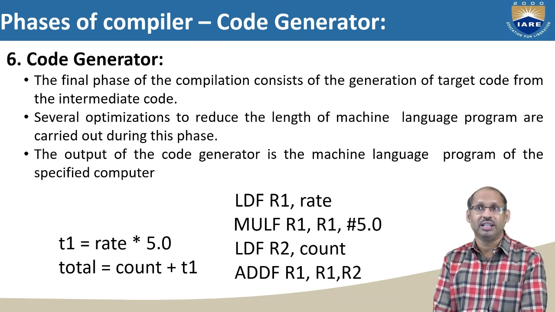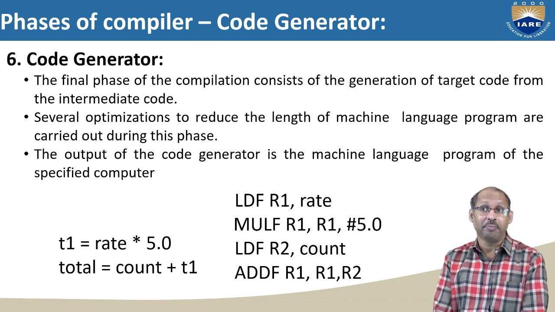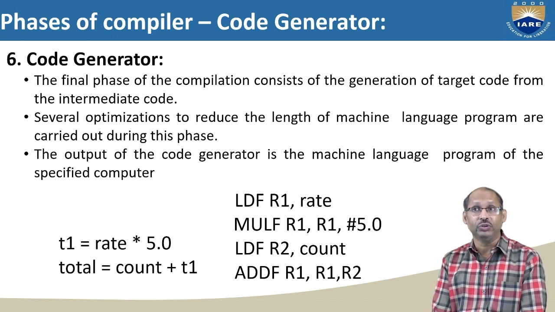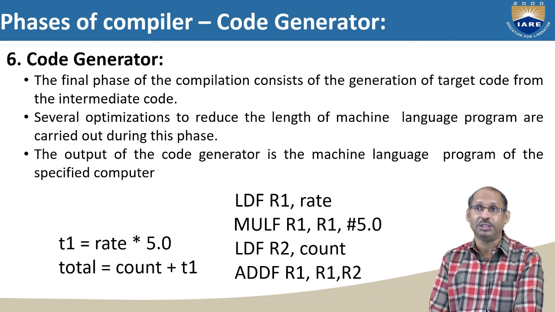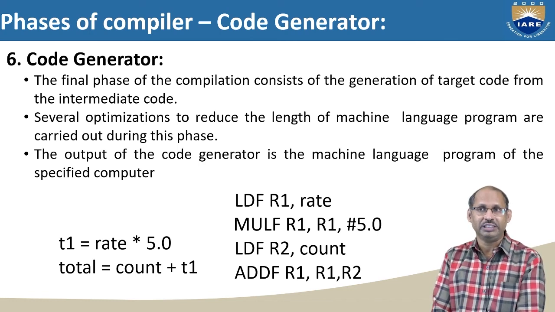It uses different machine instructions, and it will convert the intermediate representation into machine code by using the machine instructions of the respective machine on which it is compiled, right?